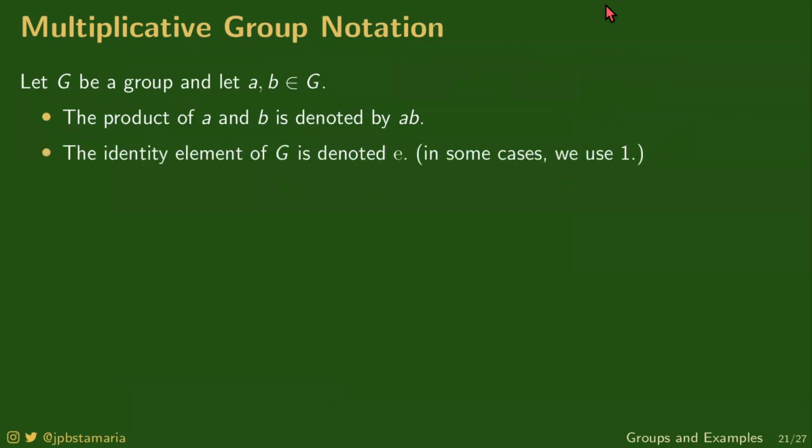Yung identity element of G denoted by E. In extreme cases, in some books in abstract algebra, you will find that some authors use the symbol 1 for the identity element. But that doesn't mean na tinutukoy niya yung number na 1.